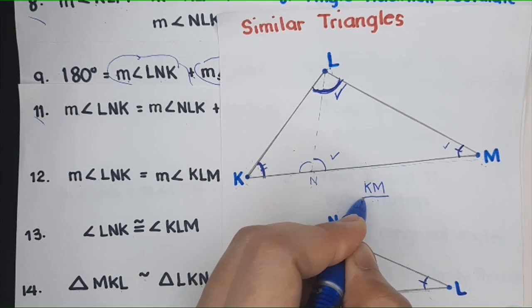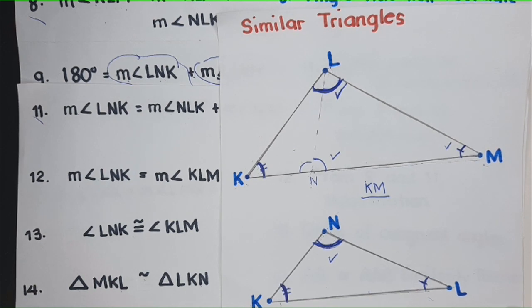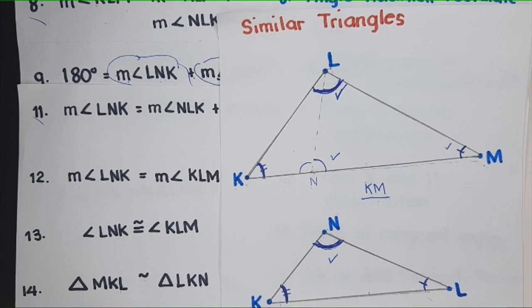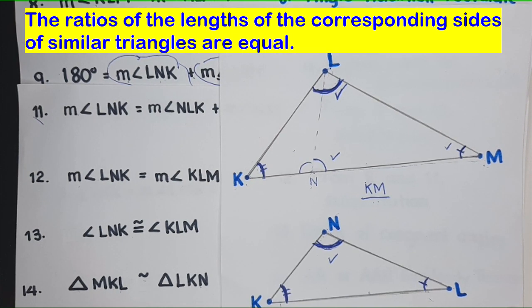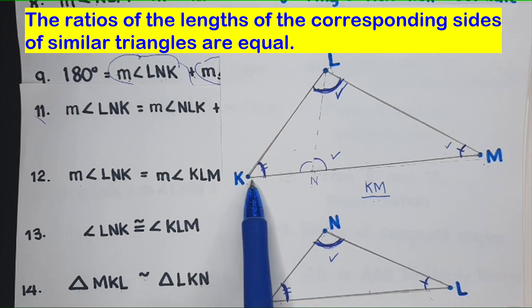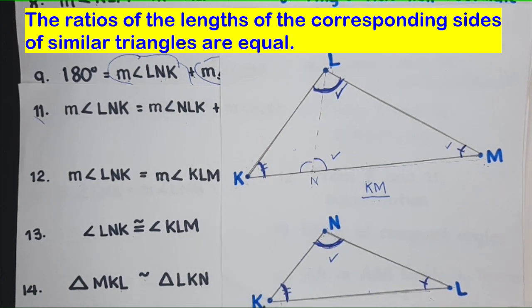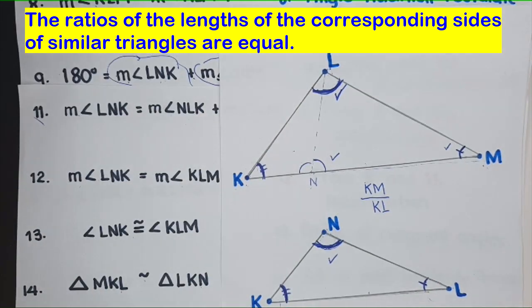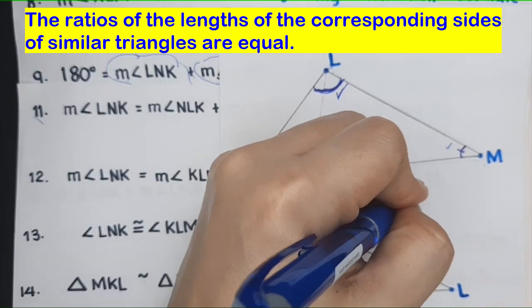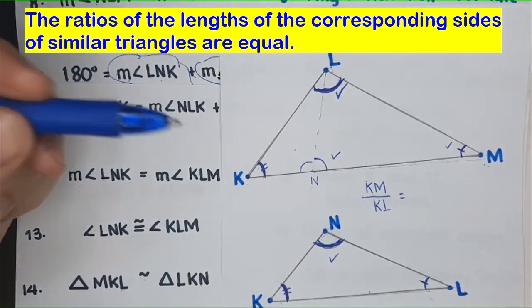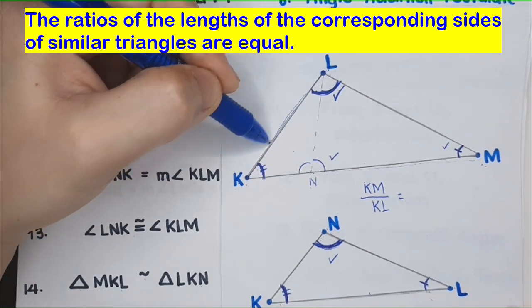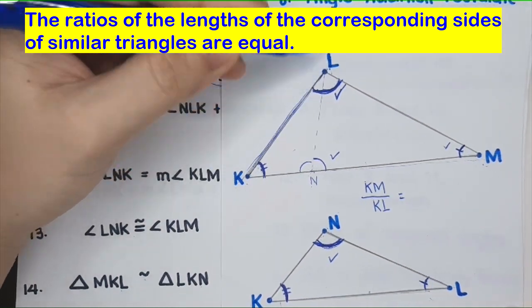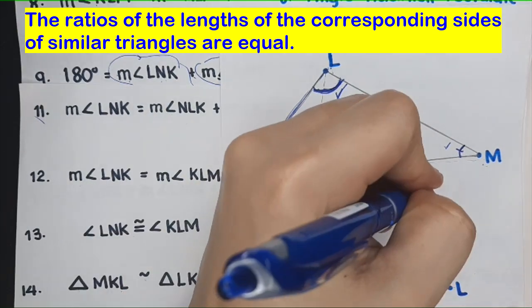Now, this is we get the ratio of the corresponding sides. If we have similar triangles, the ratio of the corresponding sides are equal. Okay. Sino yung corresponding side dito? Edi this one. Alright? So we write KL. That's the length of the line segment KL. This is equal to this side naman. Okay? This is equal to KL.